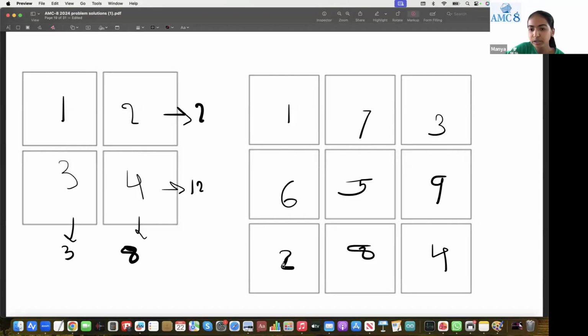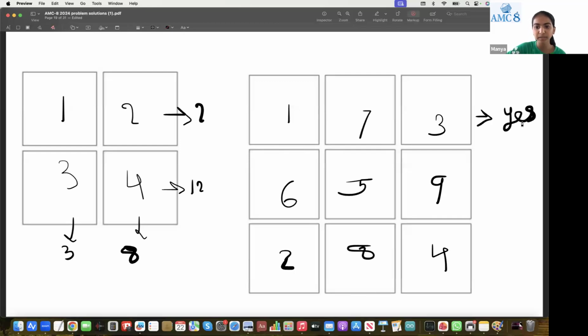Now we need to see if each row is divisible by 3 or not. This row contains the number 3, so it must be divisible by 3. So it has to be yes.